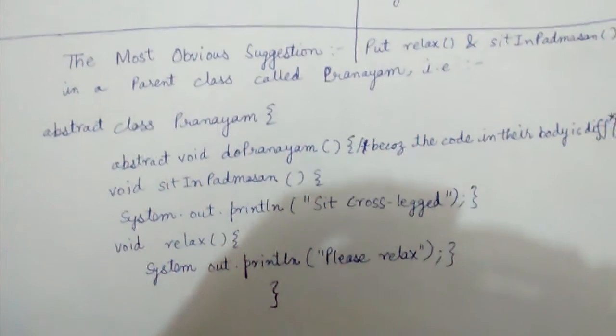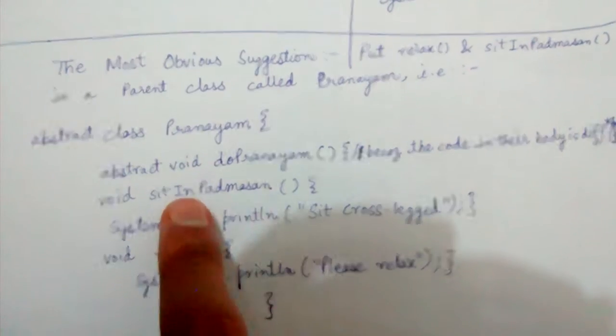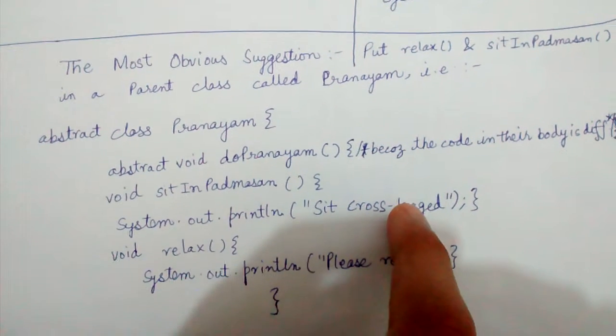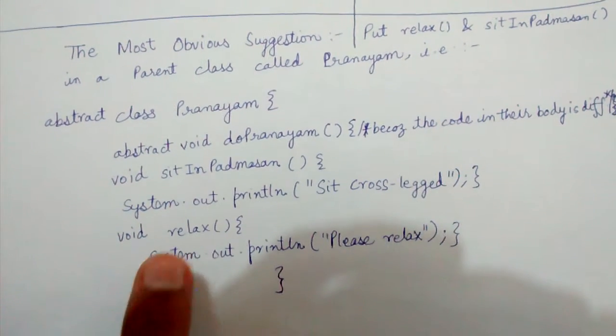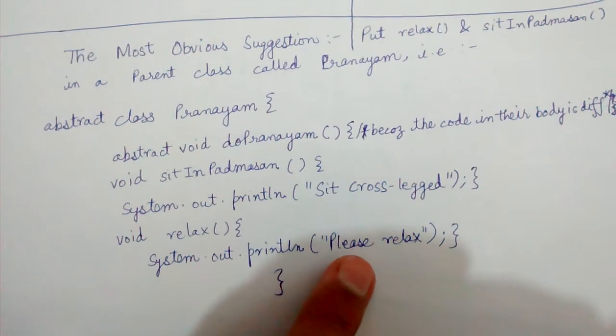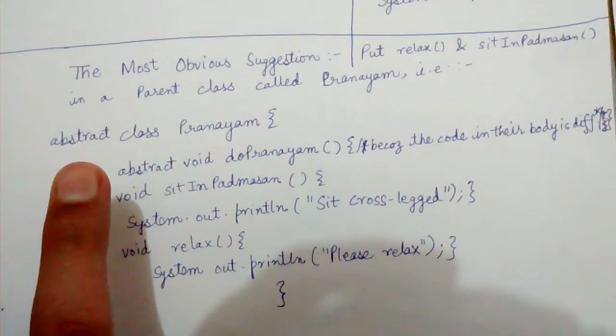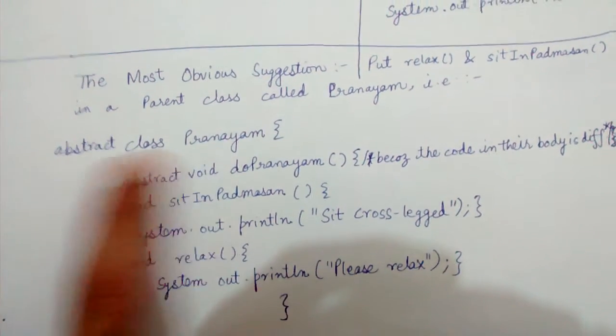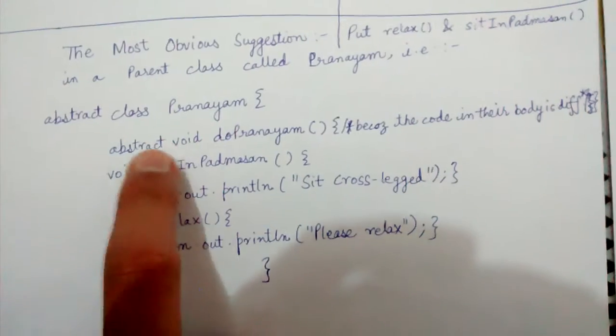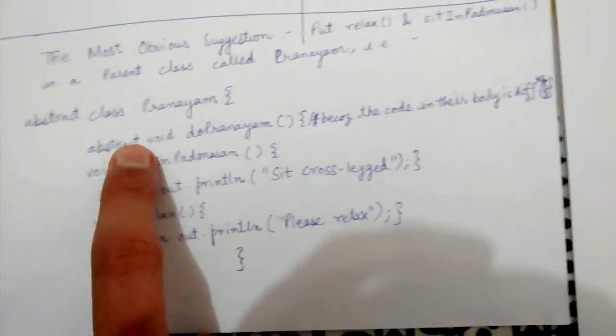So it's still abstract. Sit in Padmasana, we are providing an implementation here, and relax method we are providing an implementation here. And this class is still abstract, because of this abstract method we have to define it as an abstract class.